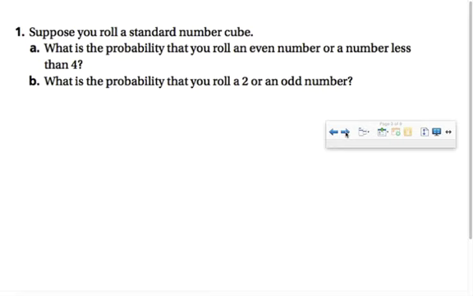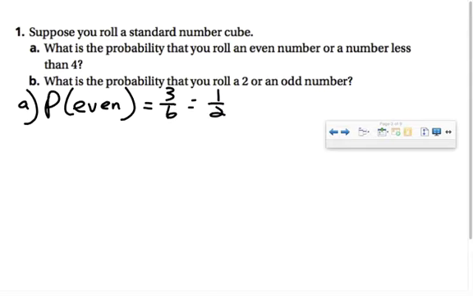Similar example, suppose I roll a standard number cube. What is the probability that I roll an even number or a number less than 4? Okay, so the probability of an even on a standard number cube, there's 2, 4, and 6, so that's 3 over 6, which is 1/2.